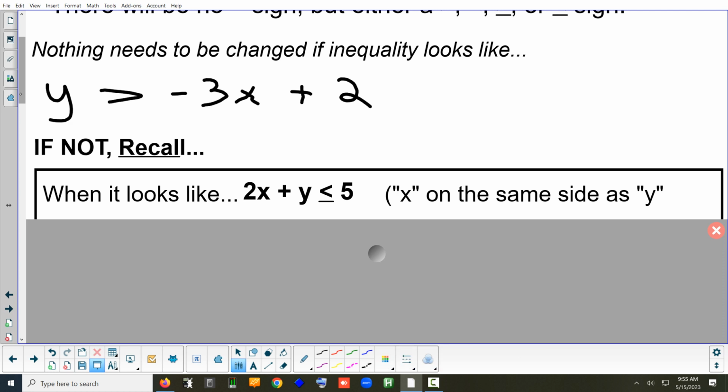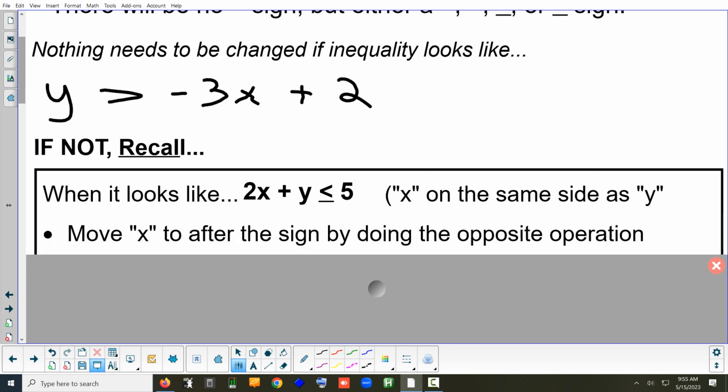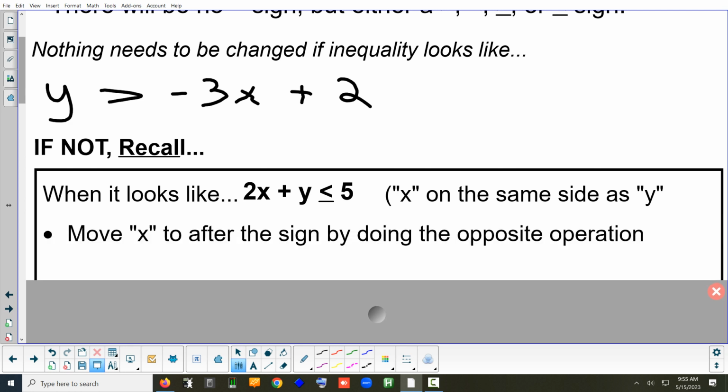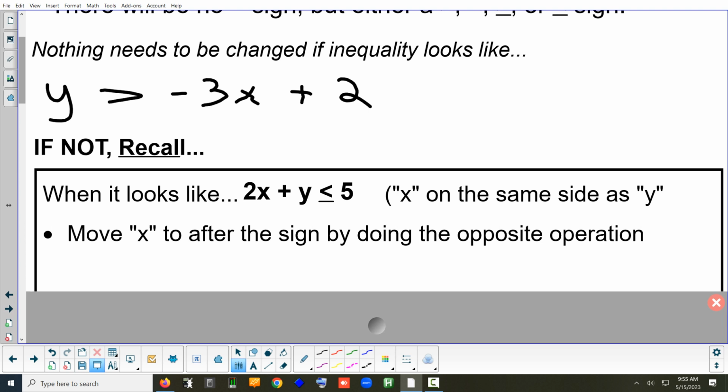So if we wanted to graph this one, could somebody tell me how I would get the y by itself? Yeah, subtract 2x. You have to move the x to the other side by doing the opposite operation.